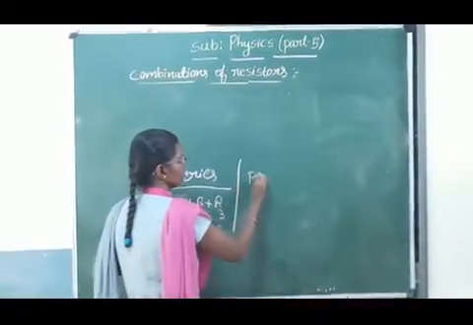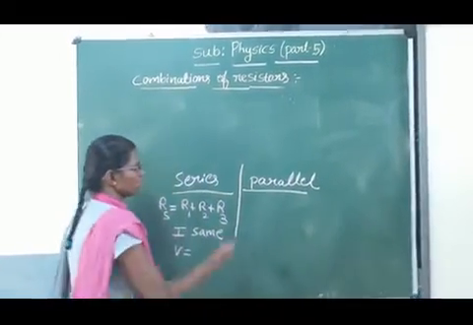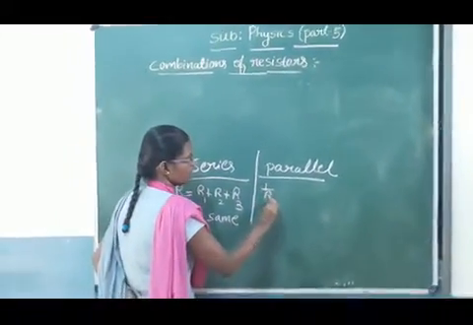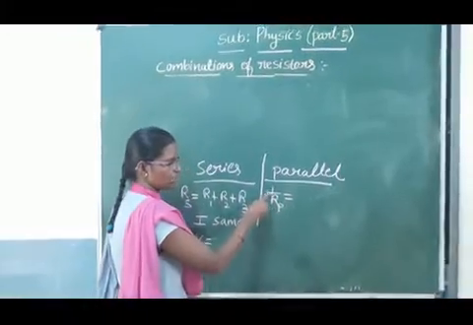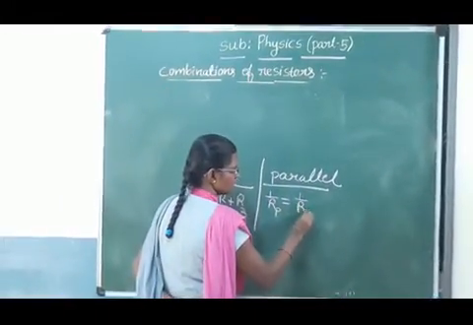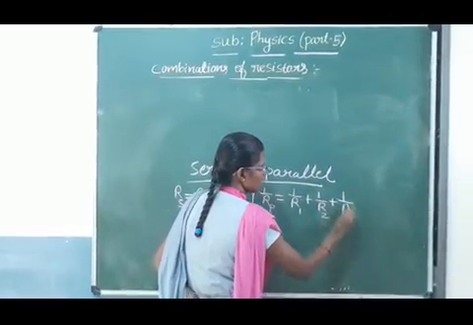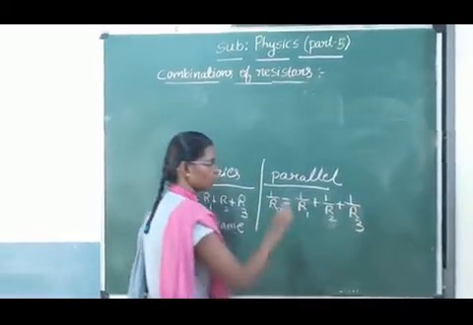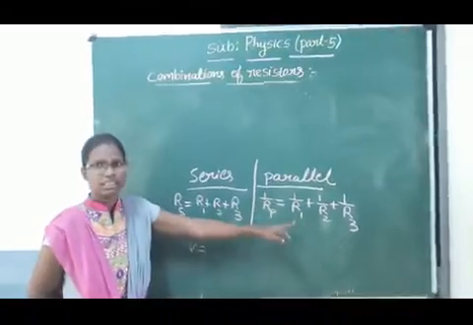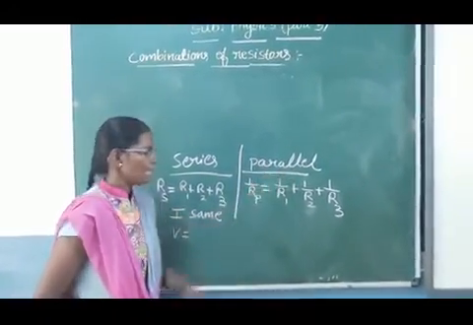Now about parallel. The equivalent resistance RP is given by the reciprocal of the equivalent resistance being equal to the sum of the reciprocals of the individual resistances. This is the formula for resistors connected in parallel.